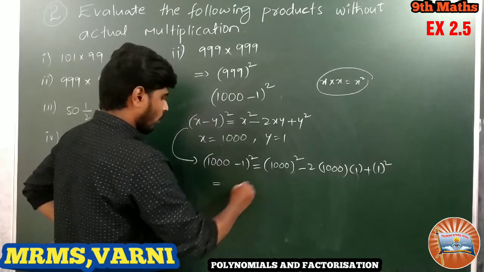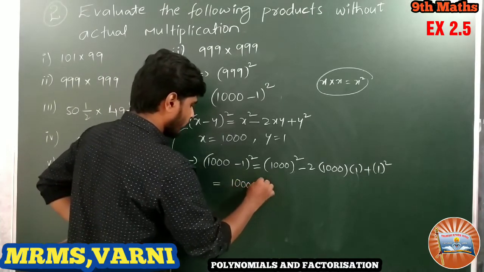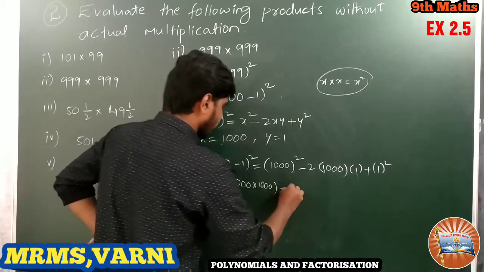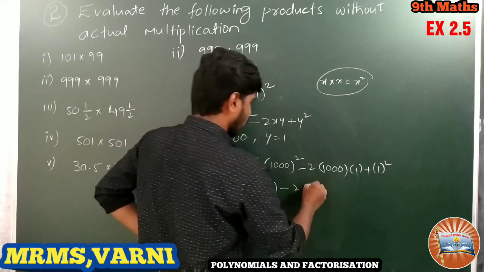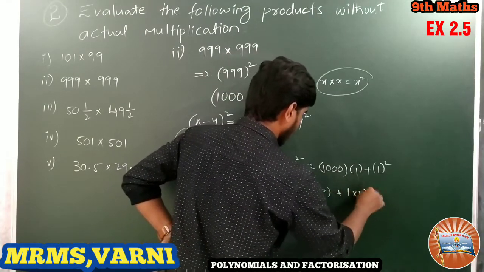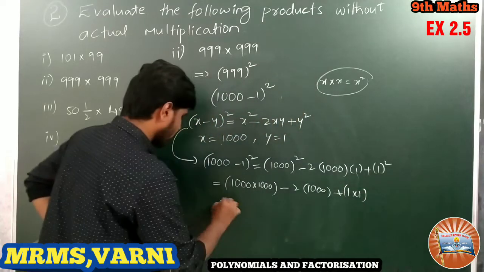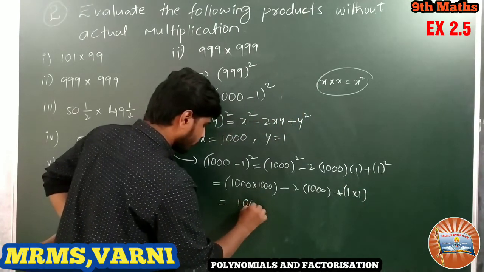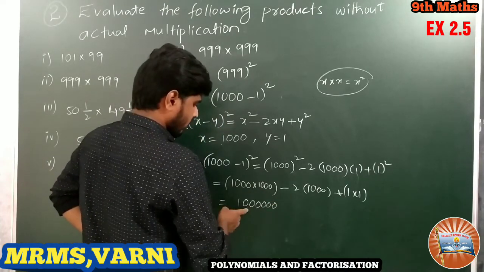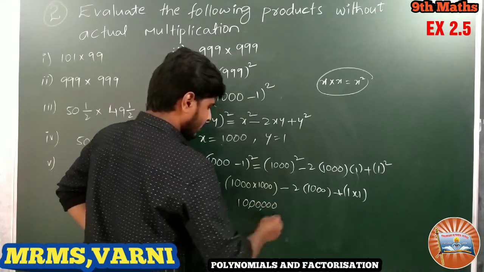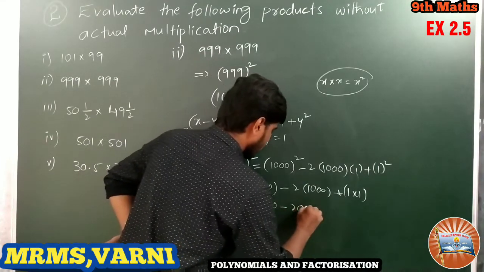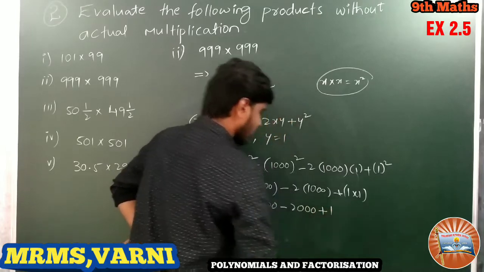Now 1000 square is nothing but 1000 into 1000, minus 2 into 1000 into 1, that is 2000, plus 1 into 1. So what becomes? 1000 into 1000 is nothing but 10 lakhs, minus 2000 plus 1.